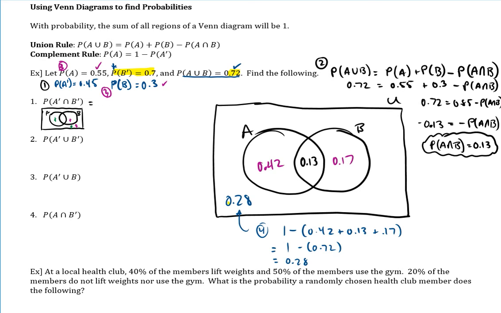The AND symbol, putting these together, would be where the two colors or two symbols in my picture are matching, which would be the complete outside. Okay, so the probability of not A happening and not B happening is the 0.28. All right, there we go.